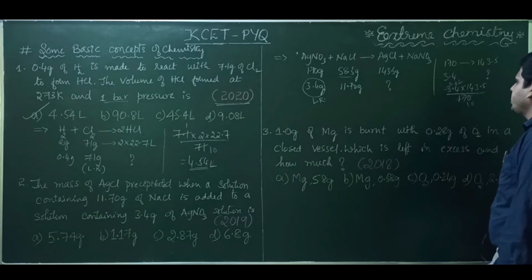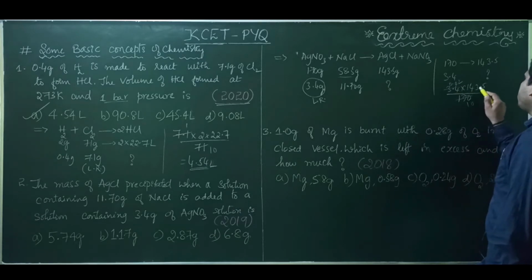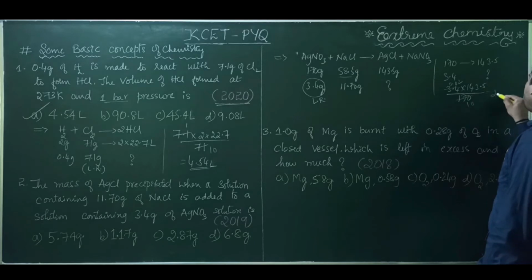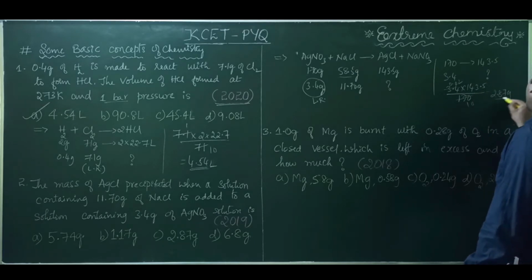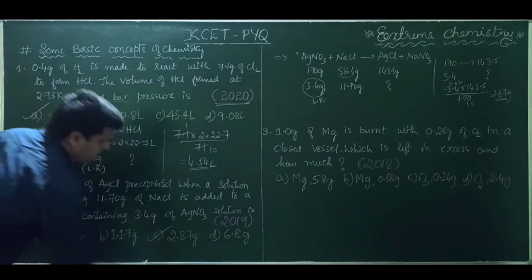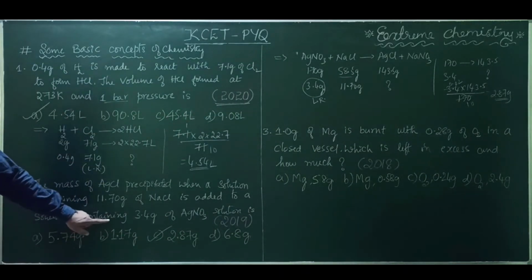Do you agree? Yes. Now 143, this will become 1.43, I'll write 2 into 10 to the minus 2, so 1.43 into 2 is 2.87 grams. So is there any option? Yes. So option B is the right answer for your second question.